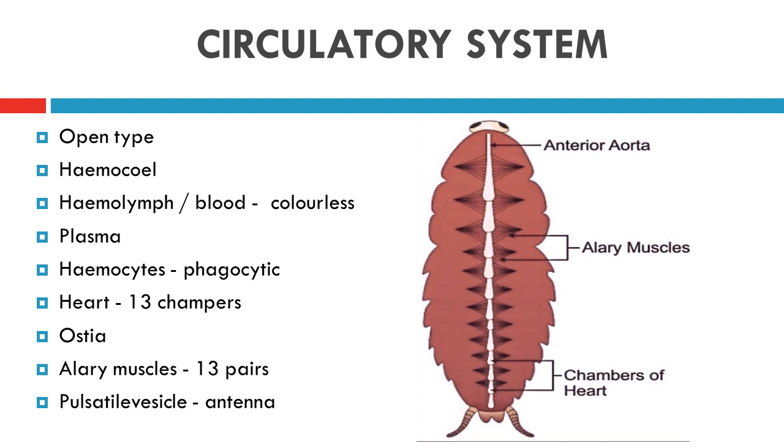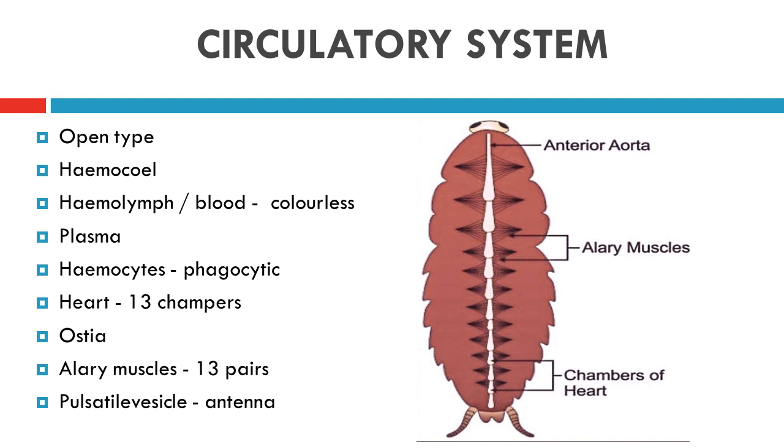Through the anterior side, the blood moves into the heart and also moves away from the heart. In our case, blood vessels do this process, but here there are no blood vessels. So from the cavity, or the sinus, the blood moves to the heart through the anterior side. The first part is mentioned as the anterior aorta.